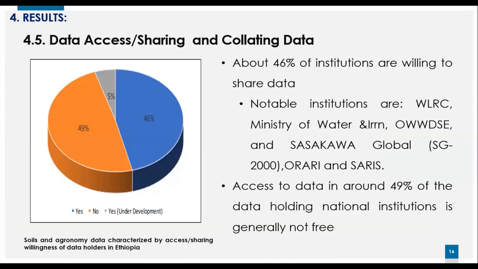And we have also checked data access, whether institutions are willing to share or not. About 46% of institutions are willing to share data. The Water and Land Resource Center, Ministry of Water, Oromia Water Works Design and Supervision Enterprise, and SCG 2000, and some regional agricultural research institutes such as ORARI and SARI are also willing to share data as per the institution's data sharing protocol.